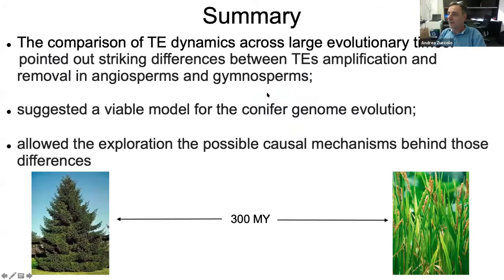Okay, so the comparison of the dynamics across large evolutionary times pointed out striking differences in amplification and removal of these elements in angiosperms and gymnosperms, suggested a viable model for conifer genome evolution, and allowed at least a partial exploration of a possible causal mechanism behind those differences.